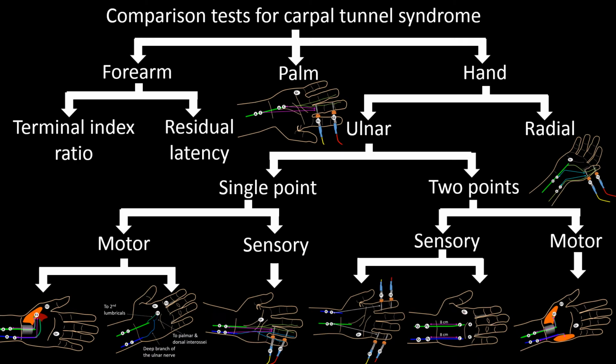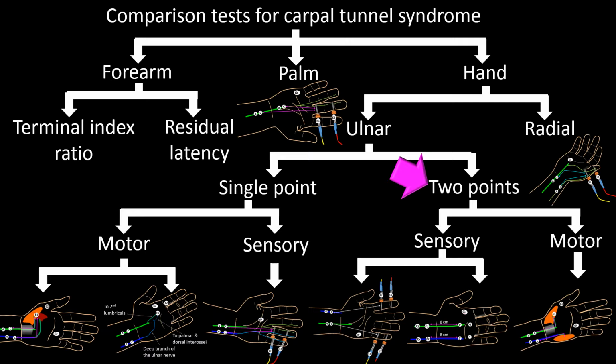Now we're back to the comparison test chart or figure. Median ulnar nerve comparison testing can be done following one of two methods. One method is called the two-point method.